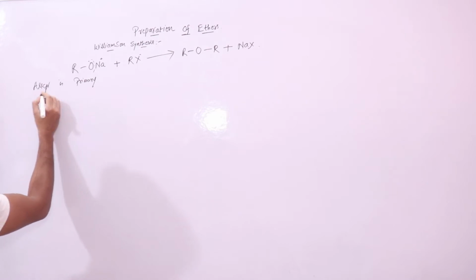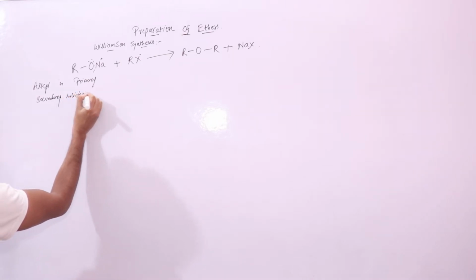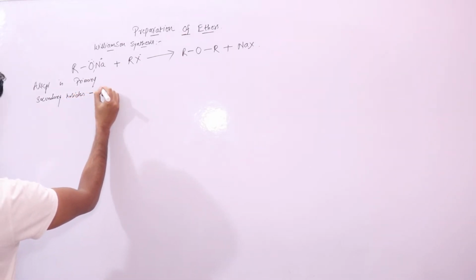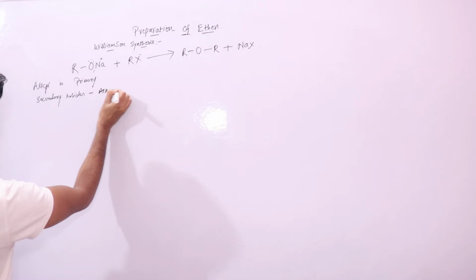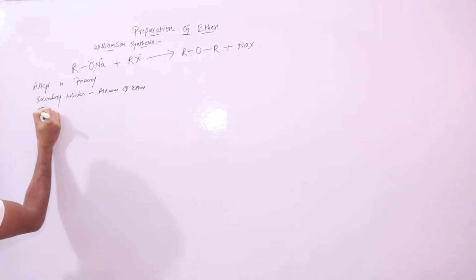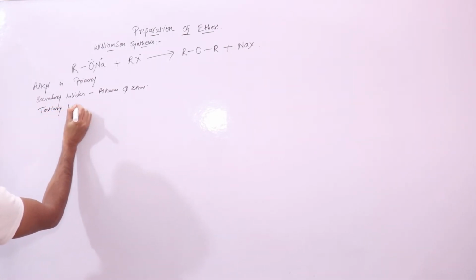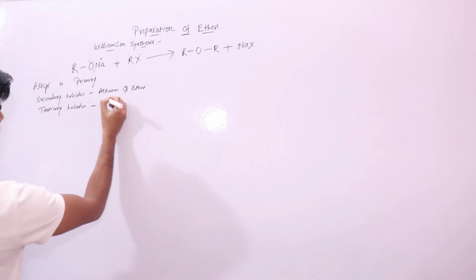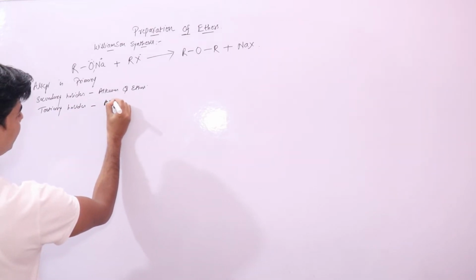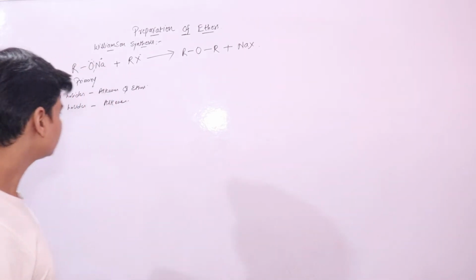In case of secondary halides, I get a mixture of alkenes and ethers. And if I take tertiary halides, then I will get alkenes. I will get ethers but very little.